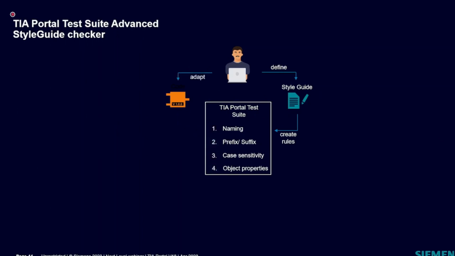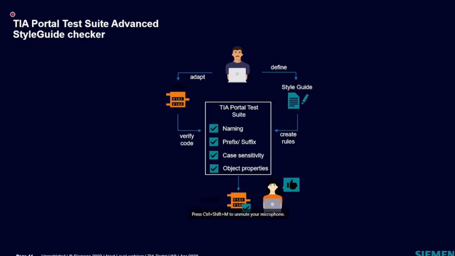Once the rules are violated, he has to adapt the changes in his code. Then the test will again be done automatically and the final results will be given. Once the style guide is written, you don't need to do anything after that. It can be reused, the test effort is reduced, and it can be used as many times as we want.